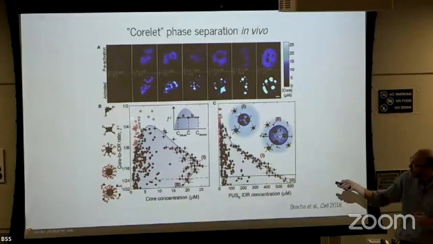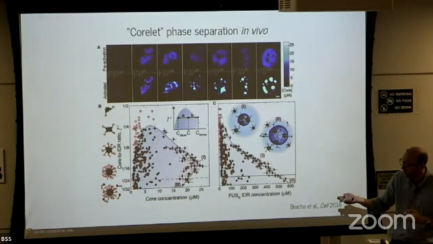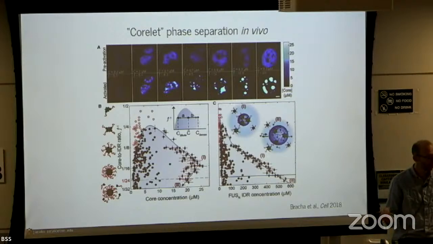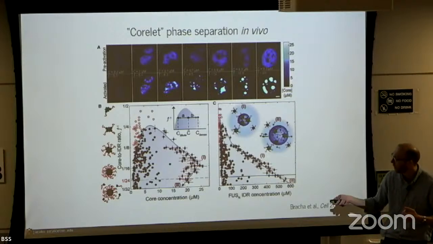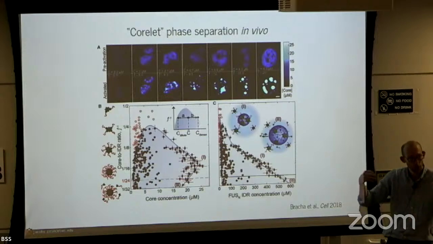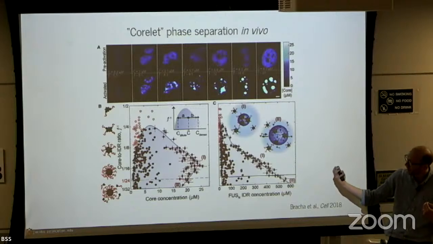Okay, so in this picture, this delta parameter, this association, is just set by biology, the interactions between these various proteins. So the two things that can be controlled experimentally are the concentrations of these two different molecules, the core forming monomers and the sticky IDRs.